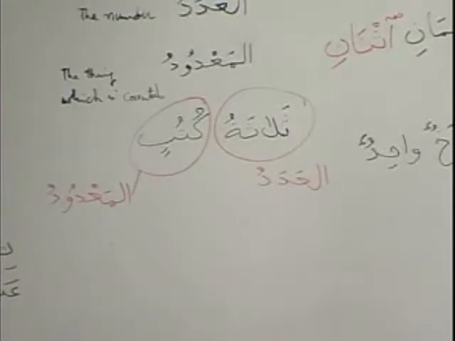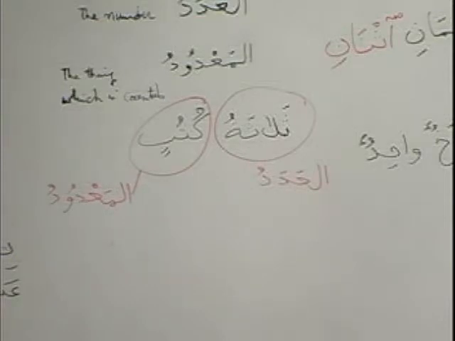in this thalathatu kutubin, which is mudaf, mudaf ilayhi. Brother, what is thalathatu? Is the number. Al-adadu. Sahi? Number. And what is al-kutubin? Ma'dud. What is ma'dud? The thing which is being counted. Adad wa ma'dud.